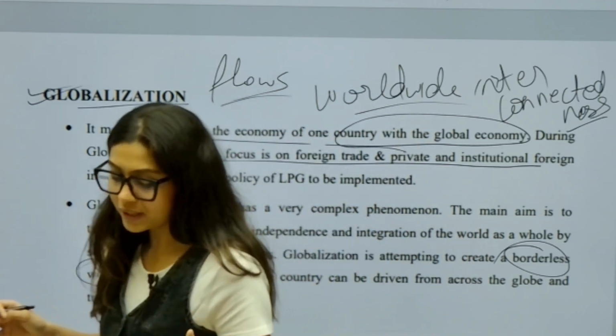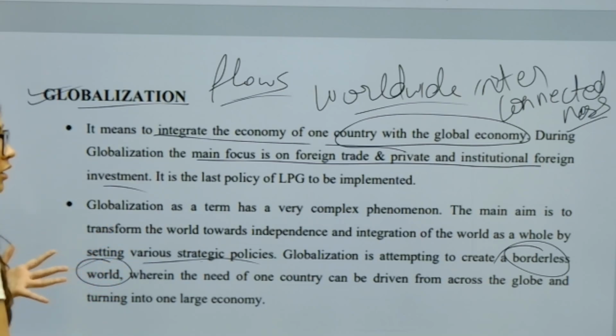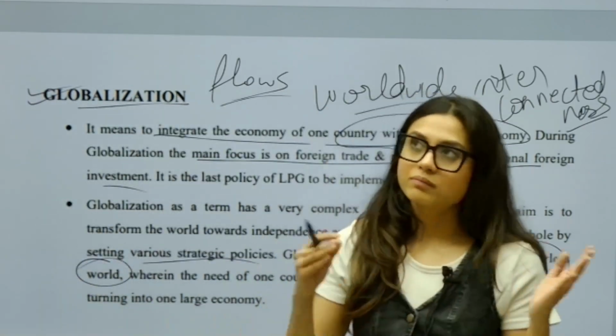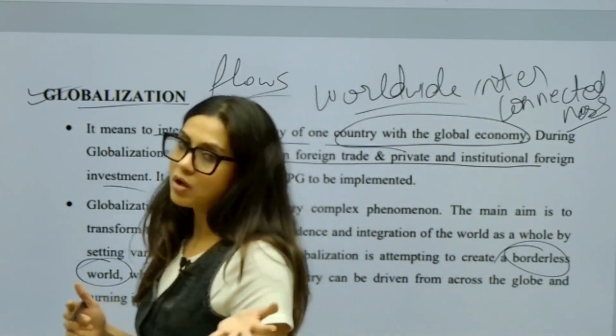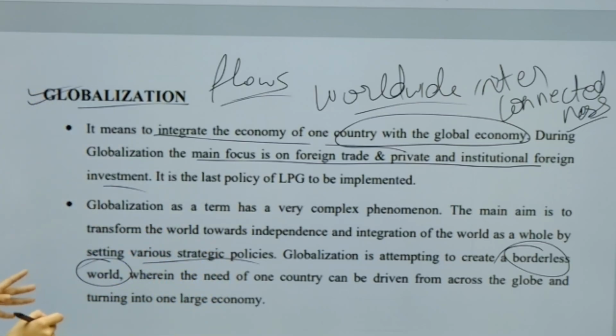So through social media your ideas can be spread to parts of USA, the Middle East, etc., wherein the needs of one country can be met from across the globe, turning into a large economy.